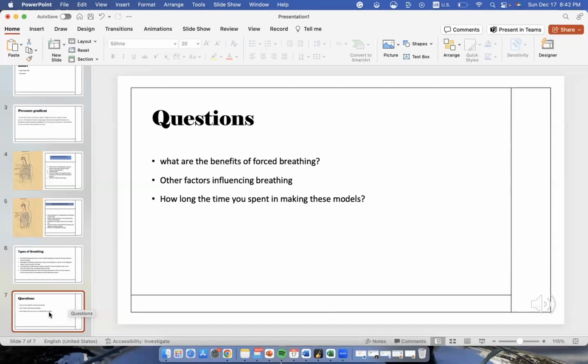The first one is that it can make your physical performance better, because forced breathing allows you to enhance the exchange of gases, and that can increase your blood oxygen level and enhance your carbon dioxide removal, thus supporting better muscle function and muscle endurance.